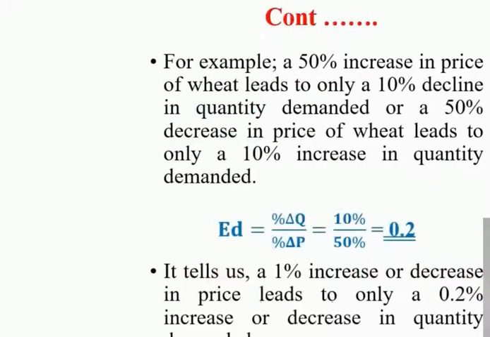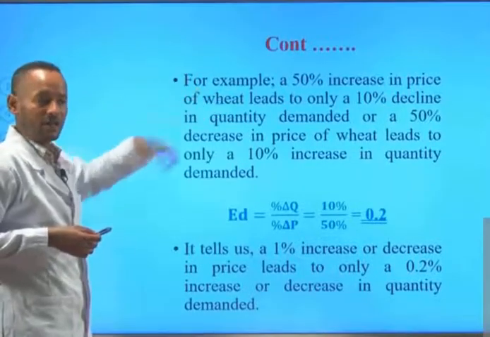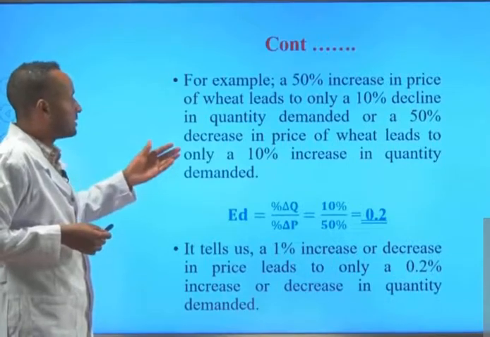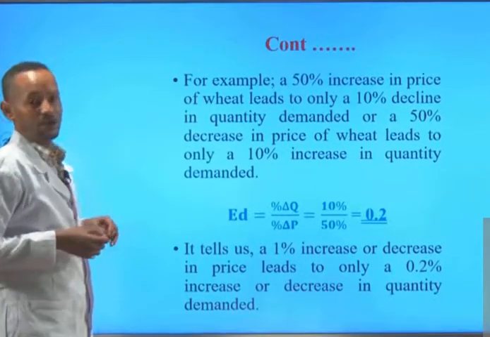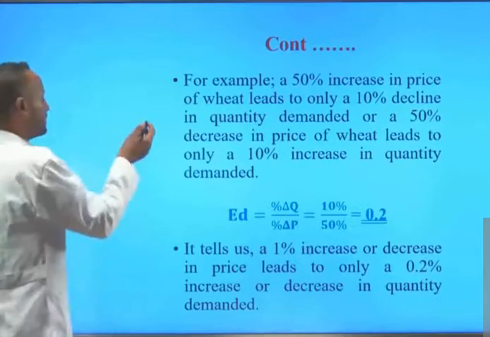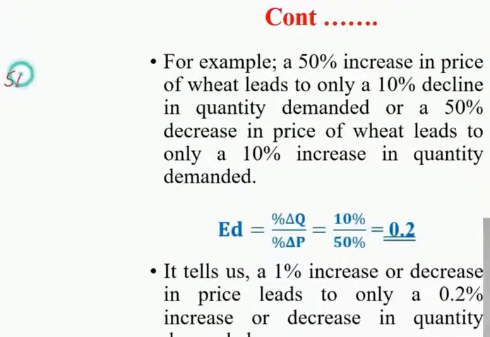For example, a 50% increase in price is a large increment in price, but the resulting decrement in quantity demanded is lesser than the increment in price of a commodity. From this example, a 50% increase in price of a commodity leads to only a 10% decline in quantity demanded.